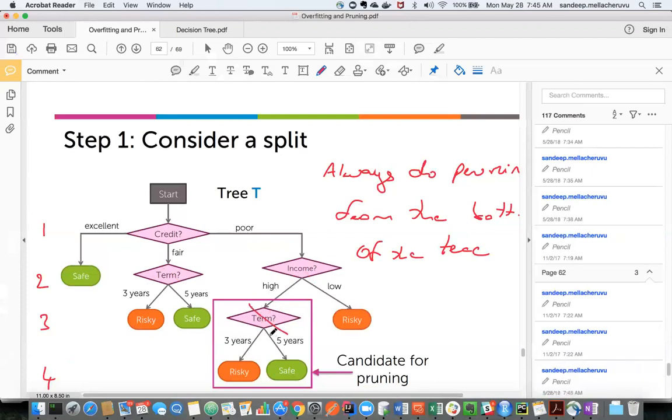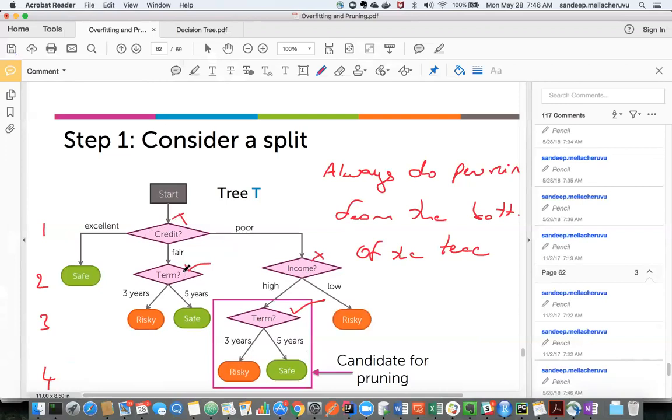Either this one or this one, because these are the bottommost branches you can try out. You cannot try the income branch because below it there is another branch. It is not the bottommost branch. Similarly, you cannot try the credit branch. This is not possible initially.